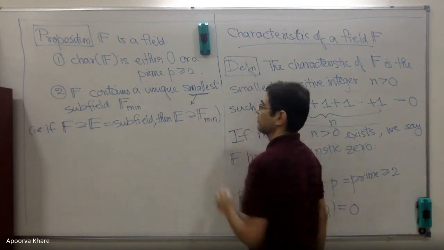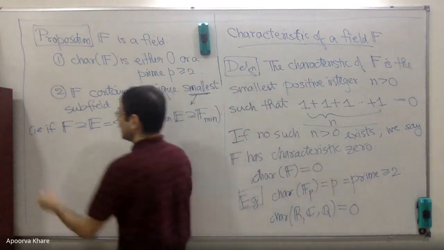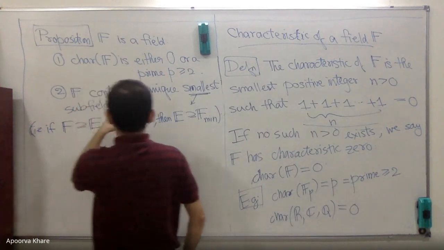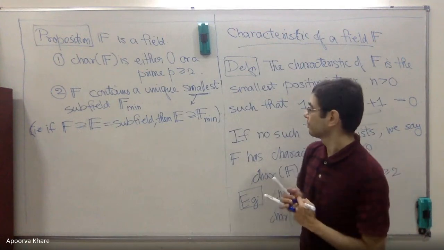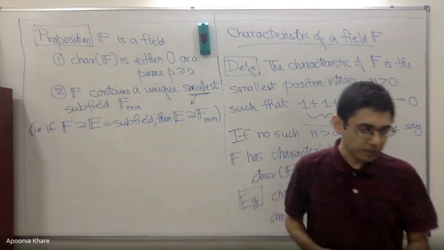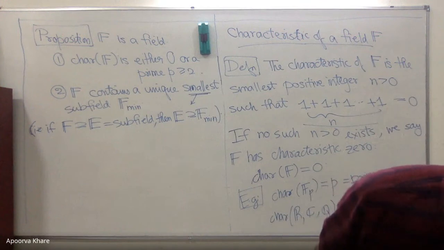So any subfield of the field F must contain this subfield F min. That's why it is the unique smallest subfield. How do you prove this? I think that's what I have to prove now.